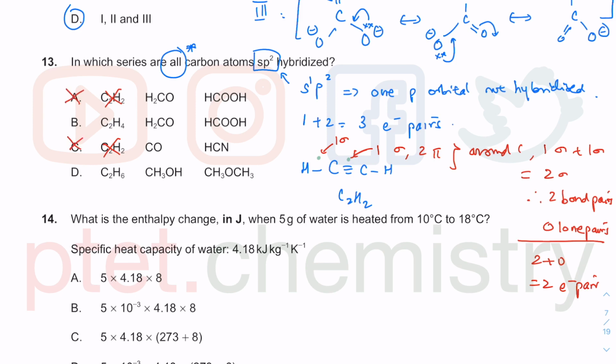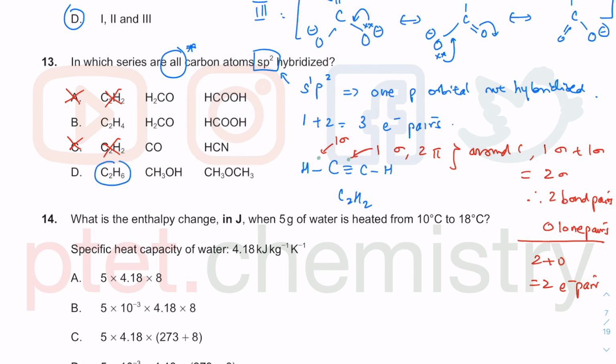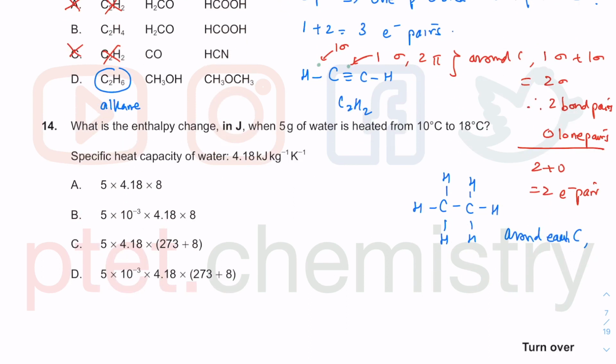So what else can I say? I can definitely cross out C2H6 without checking further because that is an alkane. So I've got to use a bit of the space down here. So C2H6, around each carbon, you can count the number of sigma covalent bonds: 1, 2, 3, and 4, the green color ones.